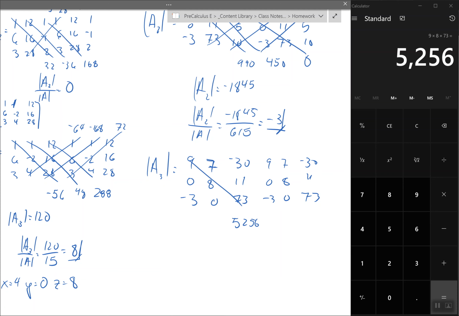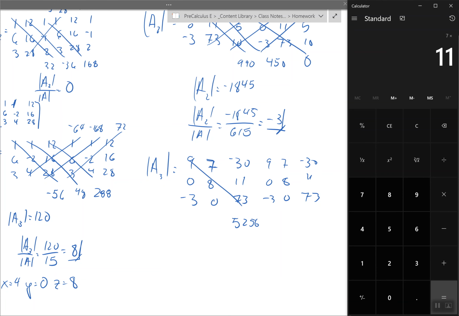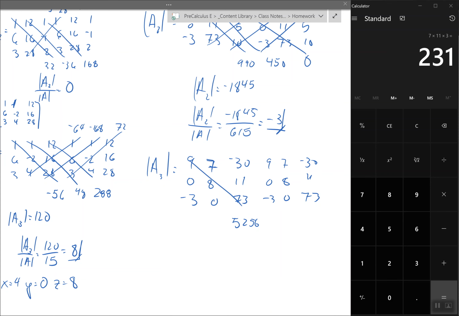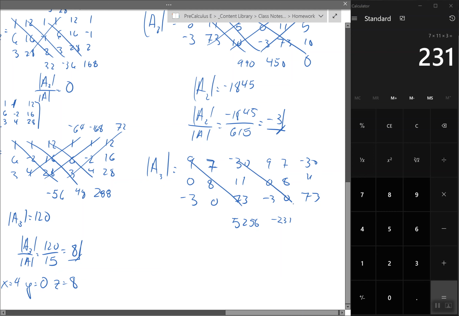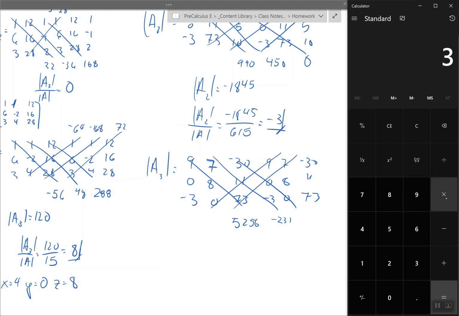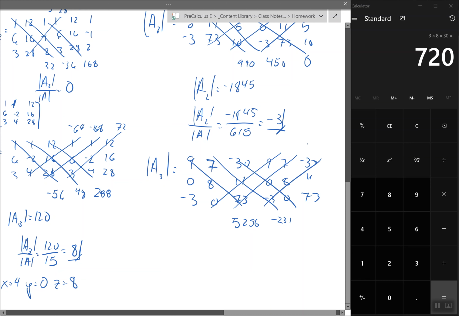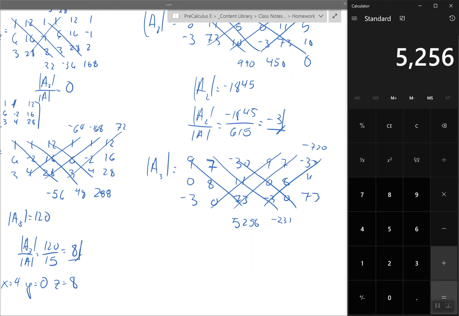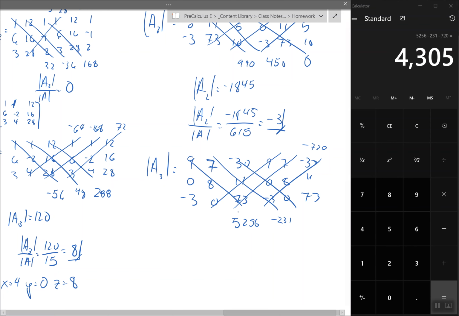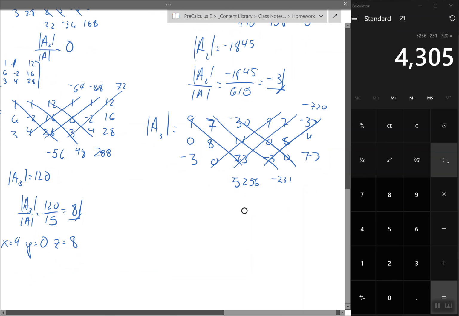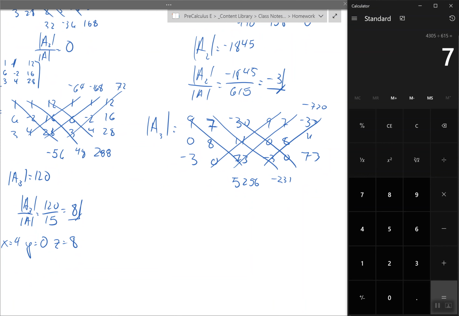We get 7 times 11 times negative 3, so negative 231. That's a 0, that's a 0, that's a 0. 3 times 8 times 30. So it would have been positive, so we changed the sign, so it is negative 720. So we have 5256 minus 231 minus 720, 4305, which is 7.